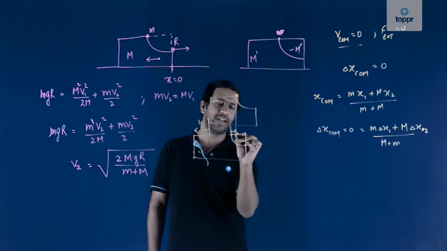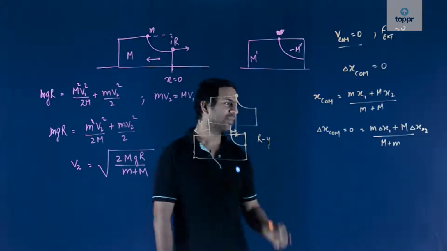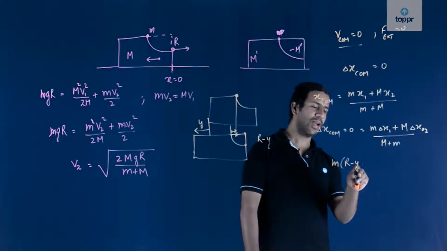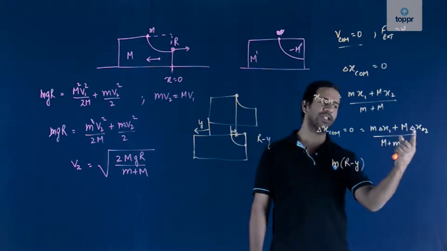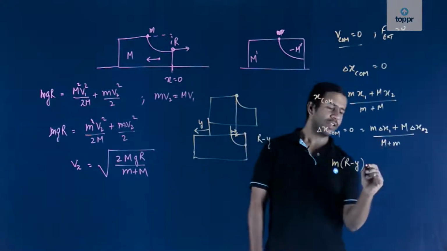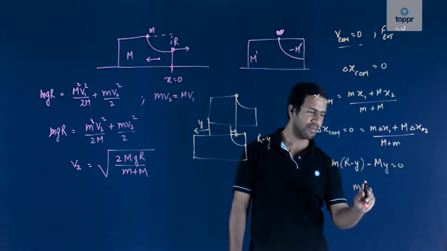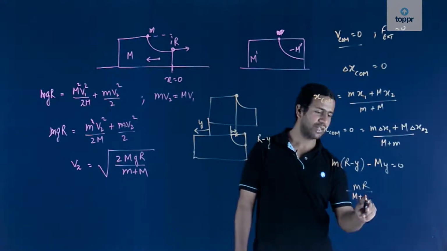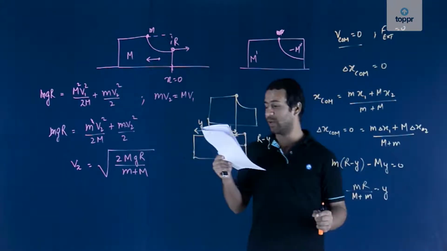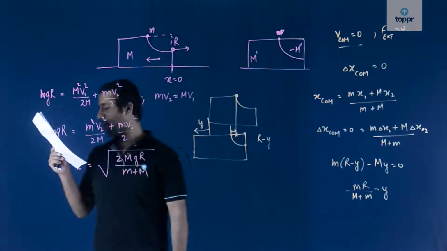So the displacement of this ball will be r minus y. So in this equation, you will have m into r minus y. If this is positive, displacement of this bigger block will be negative. So minus M into y is equal to 0. So what you get is y equals m r upon capital M plus small m. So this is the displacement of the block. Also it will have the minus sign, obviously, because it has moved in the negative x.